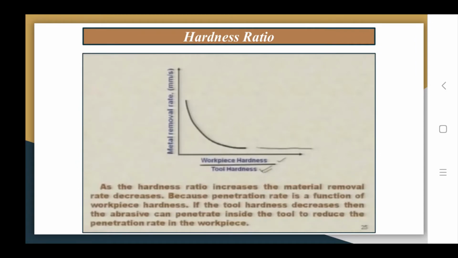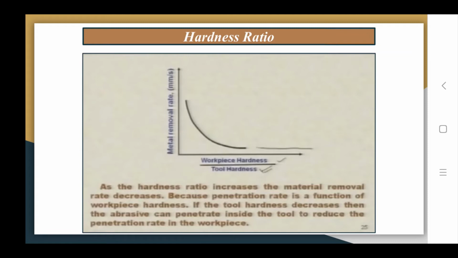New parameter, that is hardness ratio. Hardness ratio means the ratio of the workpiece hardness and the tool hardness. This also plays an important role, as we already know that as the hardness of the workpiece increases, the MRR goes down. You can see here also, as the ratio of the workpiece hardness and tool hardness is increasing, the MRR in terms of per second is decreasing.